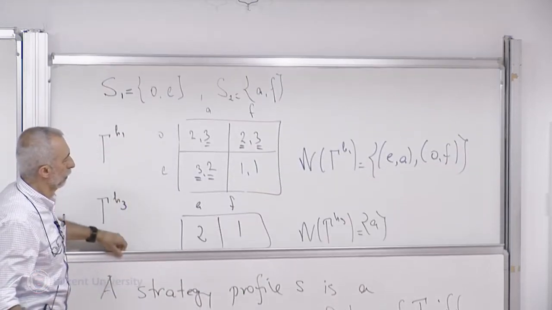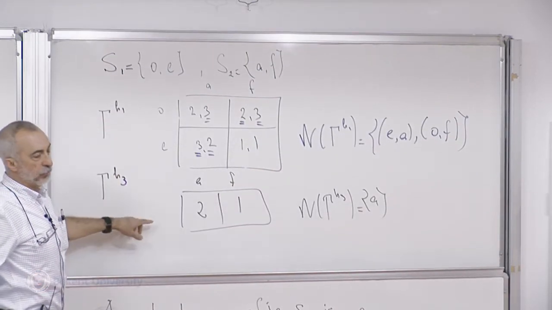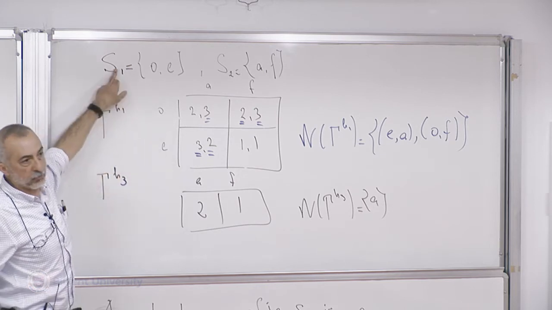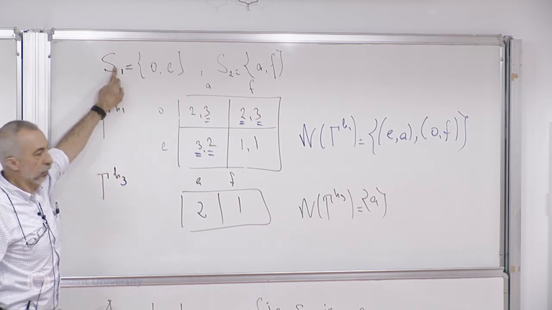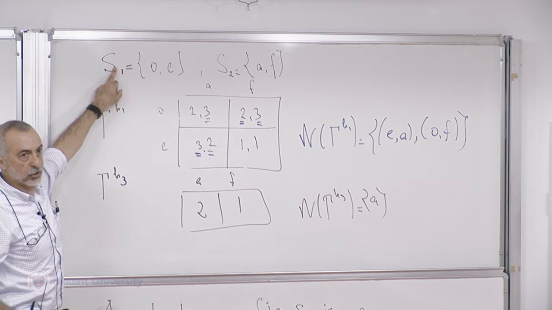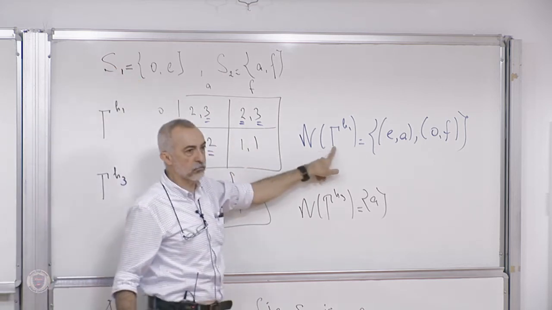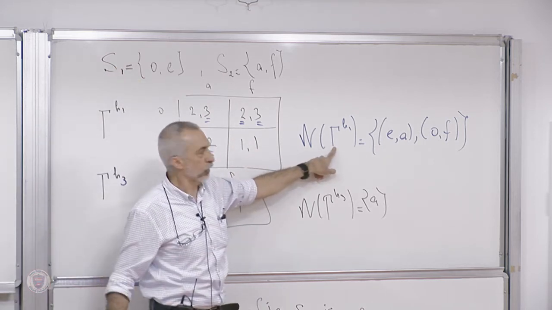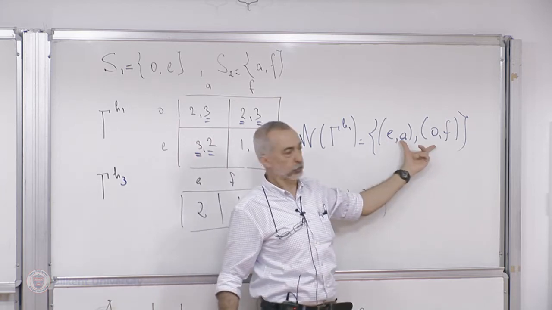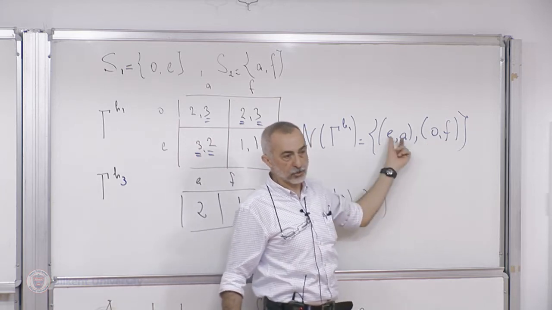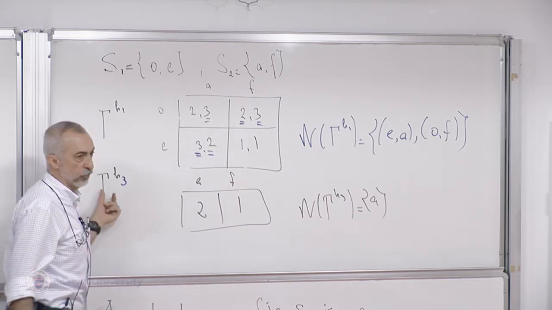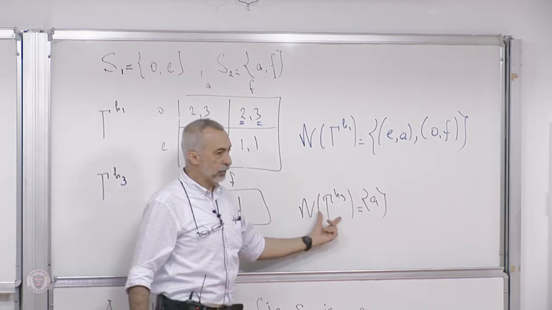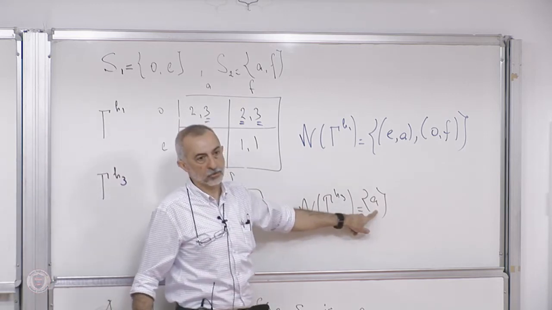Okay. So the subgame perfect Nash solutions of this game, if they exist, should be such that the restriction of the profile to this game, which there is no restriction at all, should be in this set. The restriction of the profile to this game should satisfy this condition, okay?